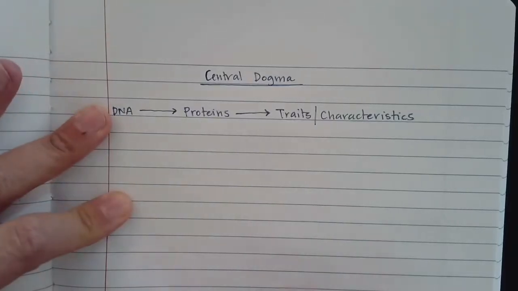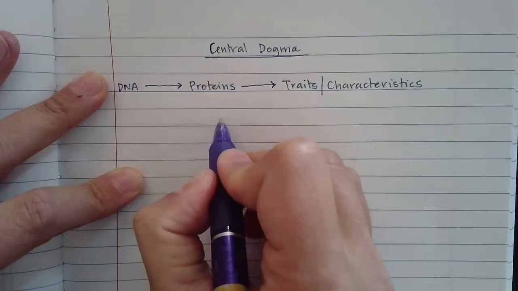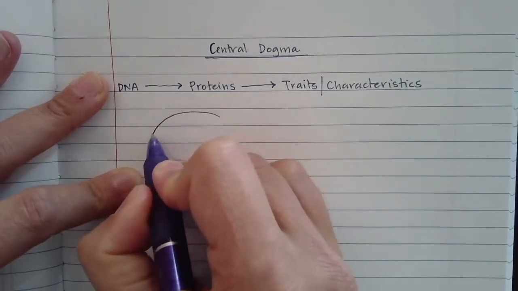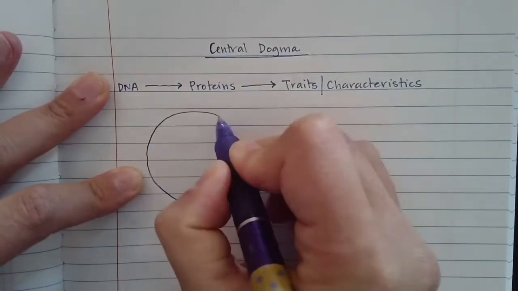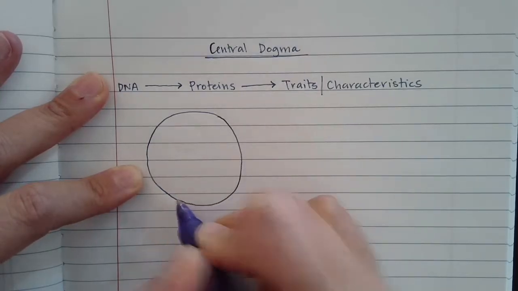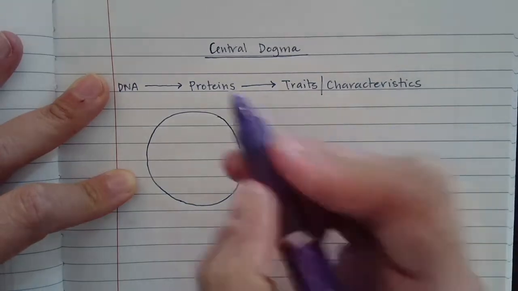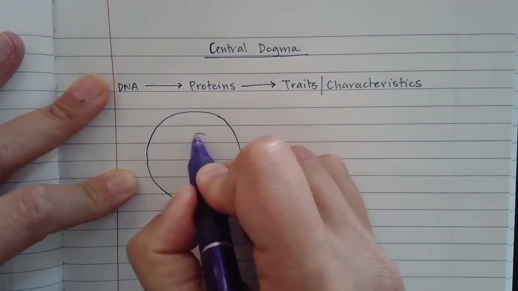So if we start with the cell, I'm not great at drawing circles. Inside of our cell, we have a nucleus.